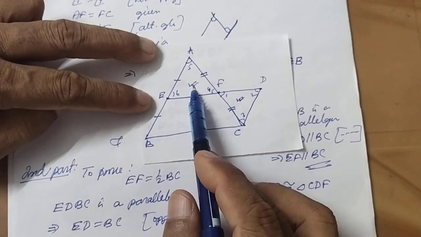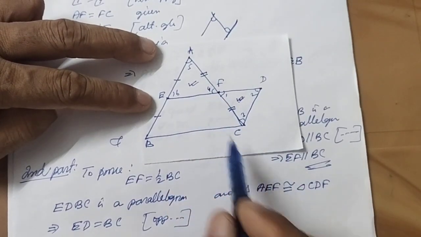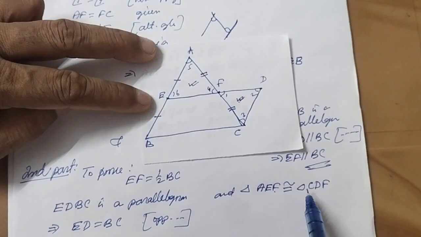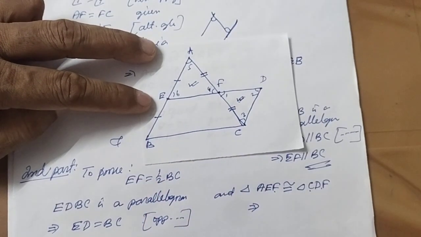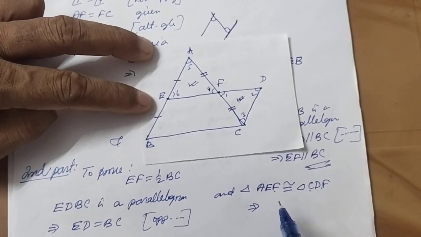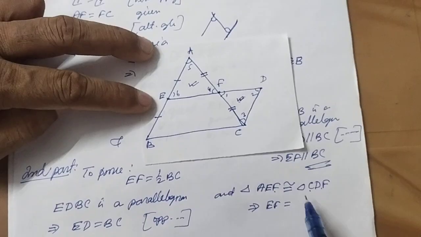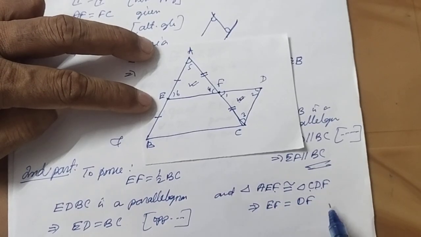And also we have proved these two triangles congruent, AEF congruent to CDF, and this implies EF must be equal to the corresponding DF. EF equal to DF by CPCT.